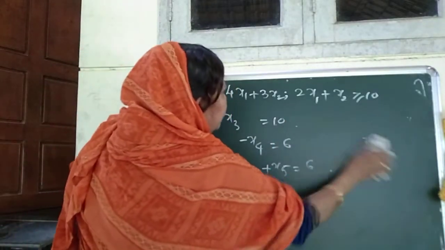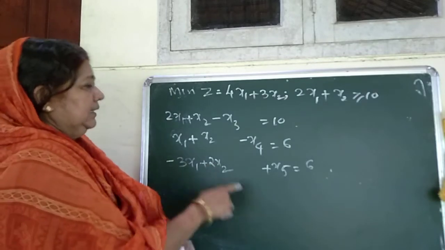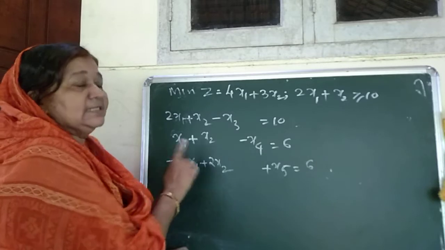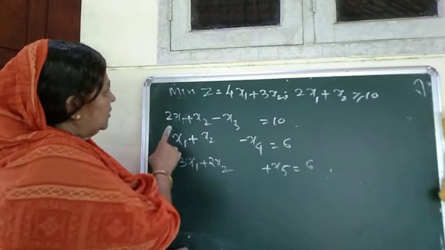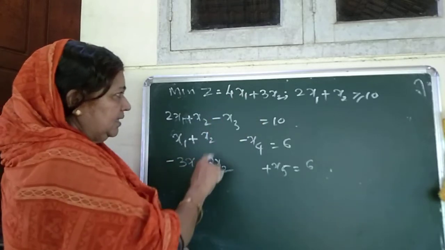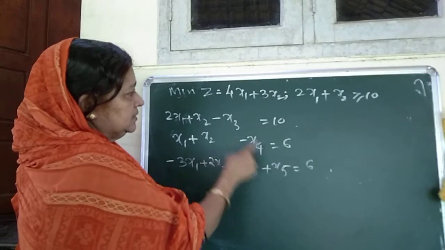So we have a problem. Then just as in the simplex method, we have to construct a table so that the costs associated to x1, x2 are 4 and 3, and x3, x4 and x5 are 0.